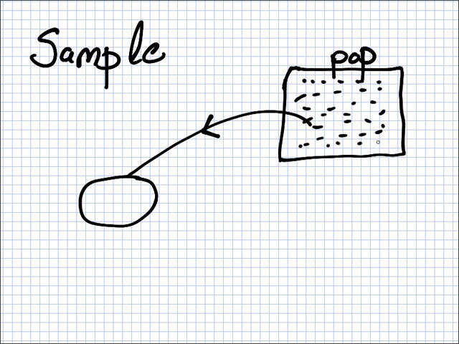If I said to you, what's the average height of people in Ireland, it would be too difficult to calculate that population average. So what we can do is take a sample of people. Maybe we might take a sample of 1,000 people, and we can calculate the average and the standard deviation from this sample.